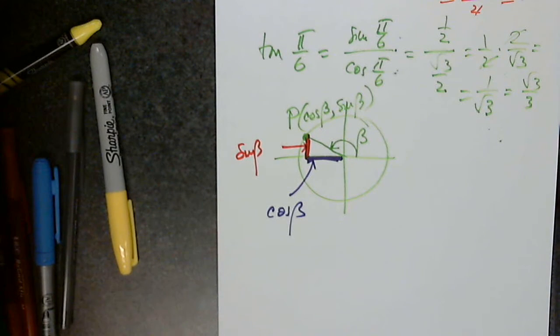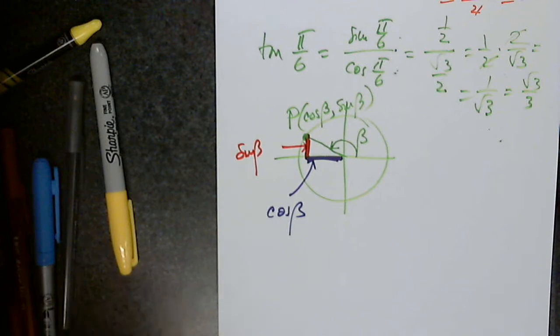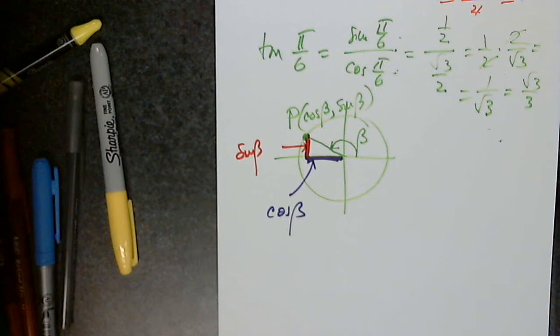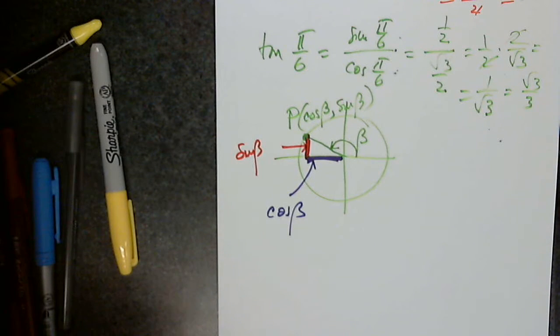On page 545, in exercises 21 through 24, theta is an acute angle.